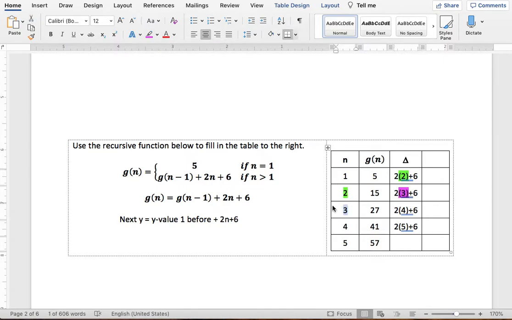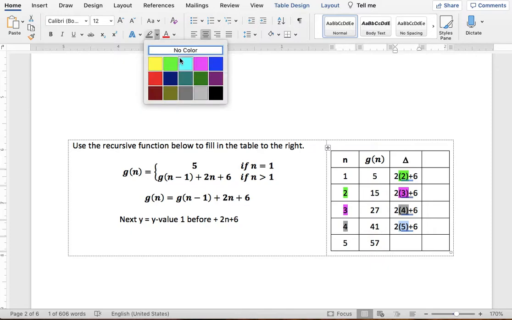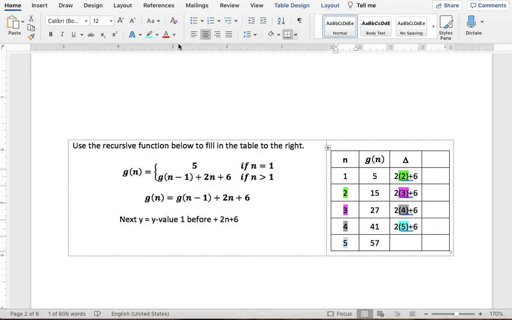This 3 is that 3. This 4 is that 4. And this 5 is that 5.